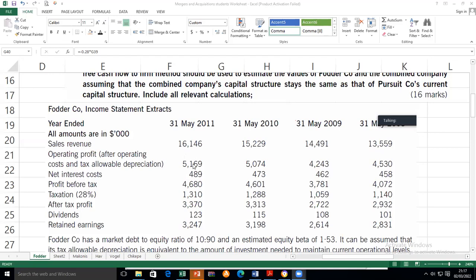In 2011, it's 5169 over 6146. In 2010, 5074 over 15229.